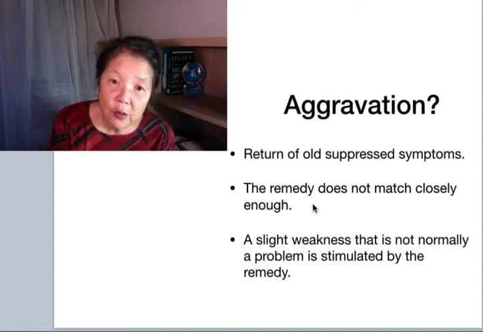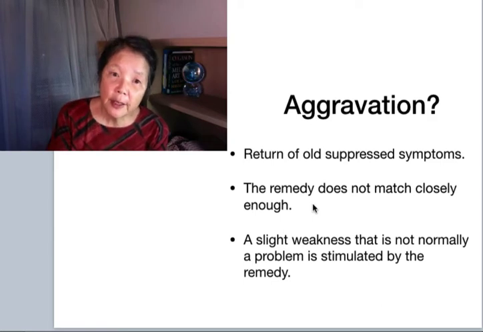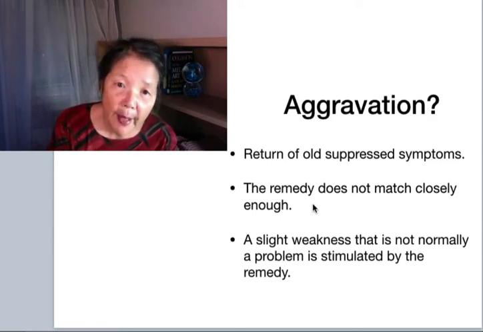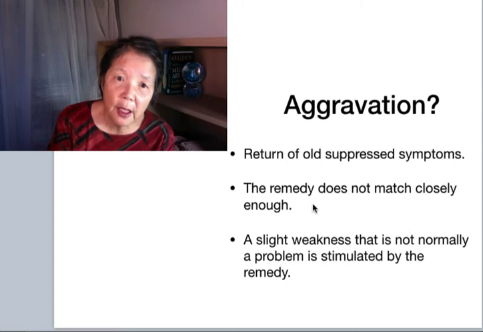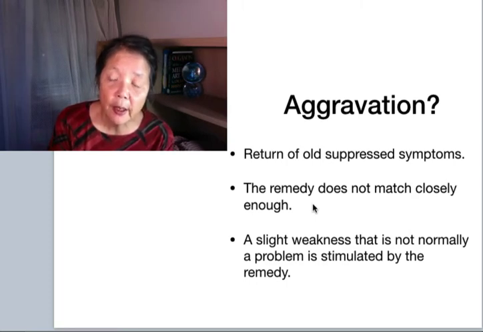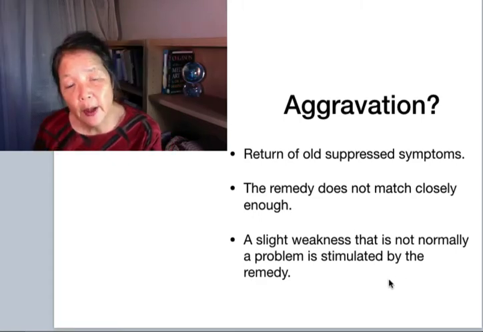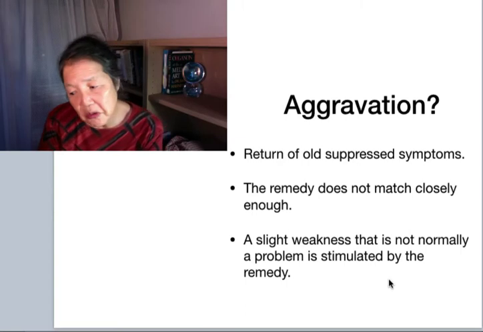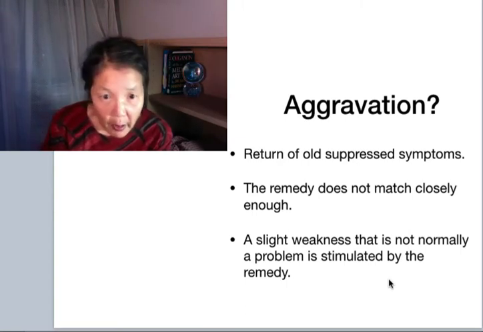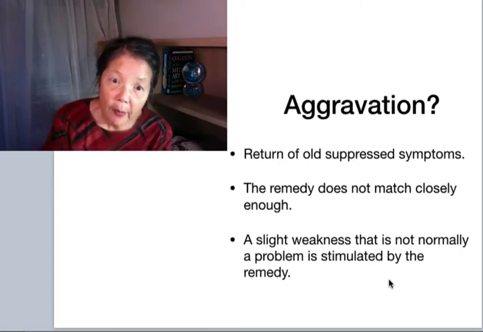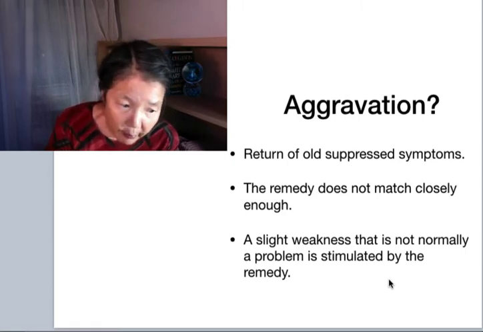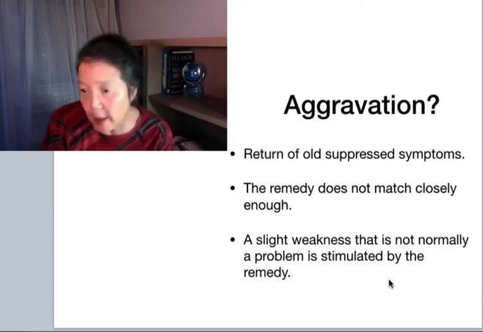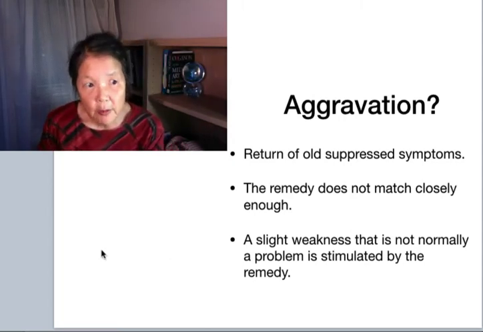I think if you use the polarity analysis, your remedies are going to match much more closely. I'm just amazed how much better my remedies match these days. Another problem is that the remedy may have something in it that you don't normally think of as a problem. And that problem is stimulated to get better, but you actually never noticed it. So it feels like an aggravation because you never noticed it before.